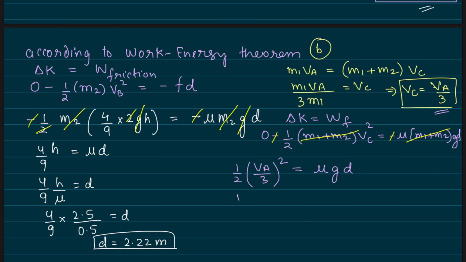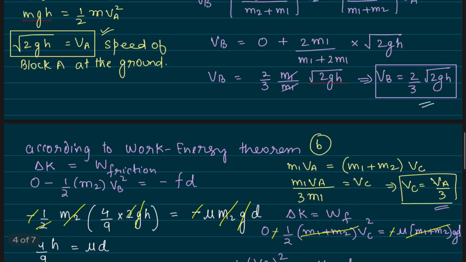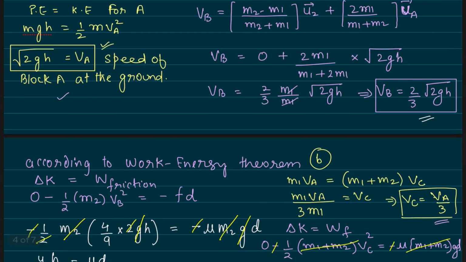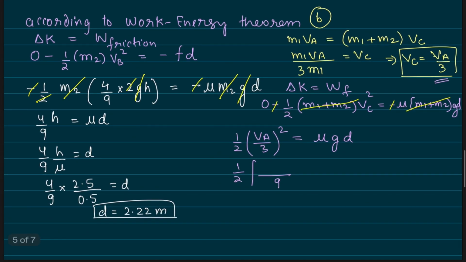Now half becomes 9 in the denominator, and va, what is the value of va? You can see va is equal to square root of 2gh. So va squared is equal to 2gh. So you will write 2gh over 9 equals mu g d. Again you will see that the g term and g term will cancel, 2 and 2 will cancel.